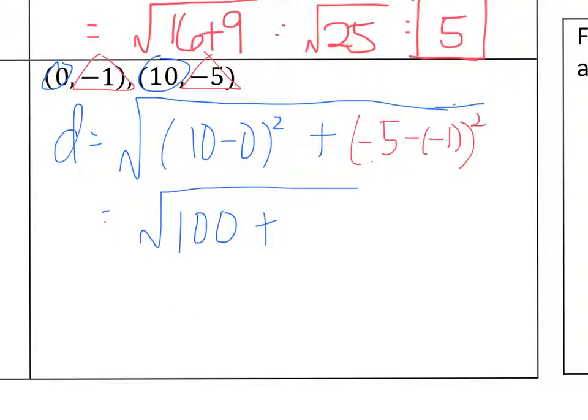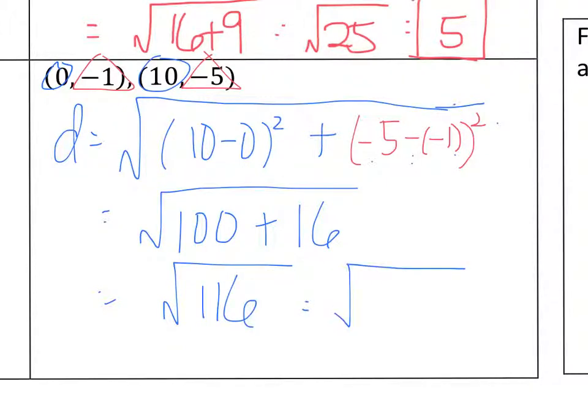Negative 5 plus 1 is negative 4, and negative 4 squared is positive 16. Okay. And then we have 4. And 2 square root of 29.